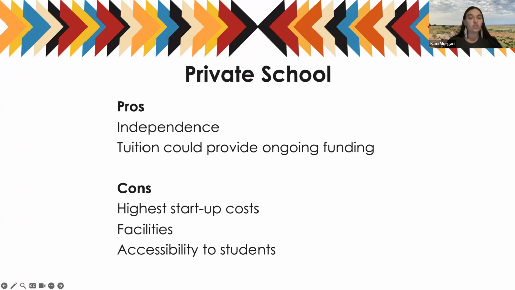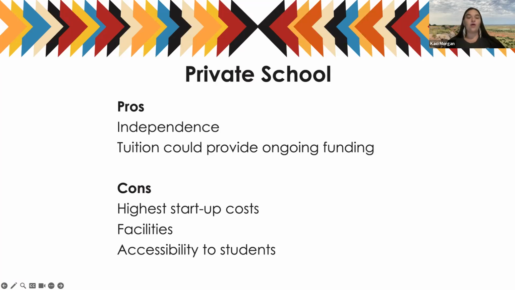If you do not charge tuition, you will want to think about that sustainability piece. If you are relying on fundraising, that's your fundraising strategy, your structures. Those are definitely some operational things that you'll really want to think about if you go the route of a tuition-free private school. A couple of cons: private school does have the highest startup costs as compared to some of the other models. You will have to really think about what facilities might look like.